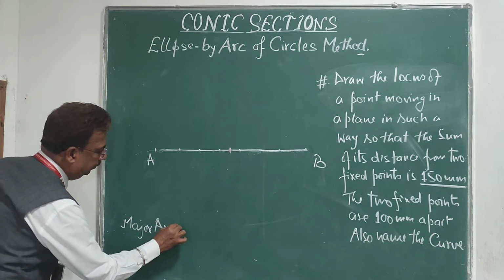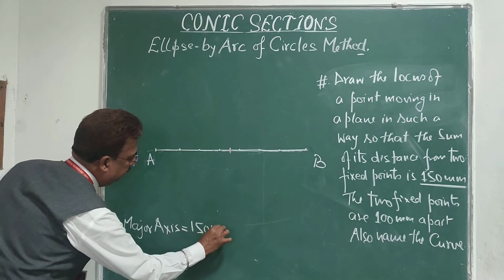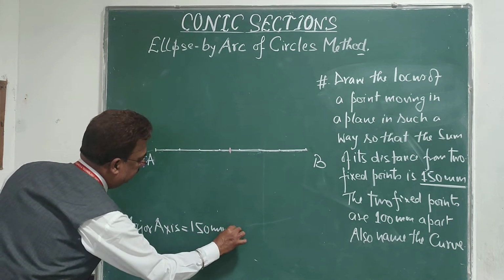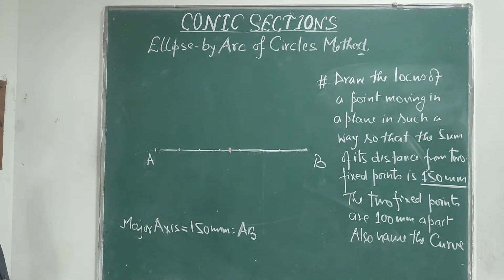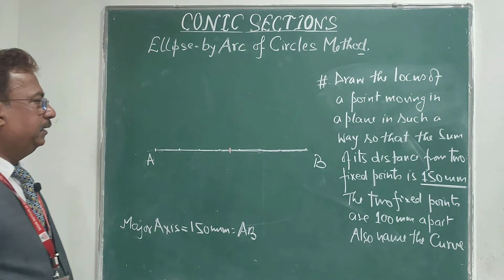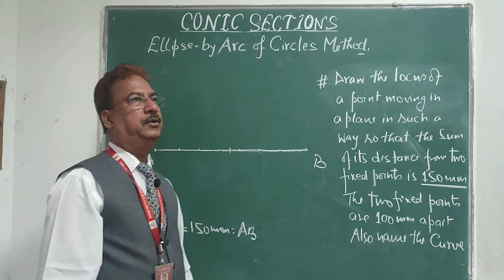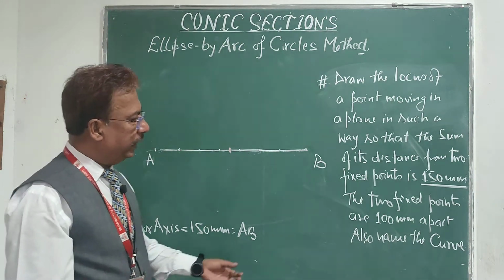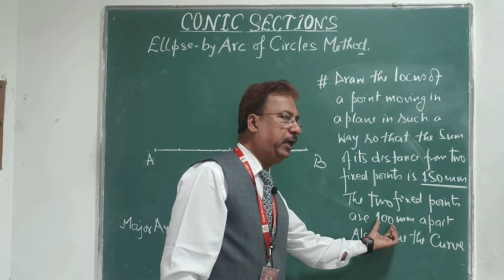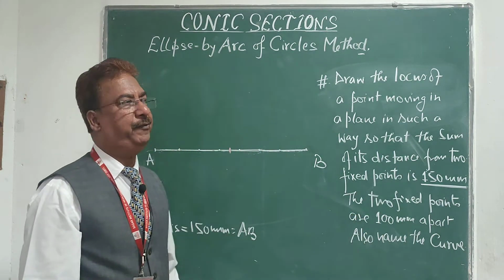So in this problem, the major axis is given to me, that is 150 mm, and this AB will be our major axis. After that, as they are saying that the two fixed points are 100 mm apart, the two fixed points will be on the major axis. The distance between them will be 100 mm, and 150 minus 100 is 50 mm.